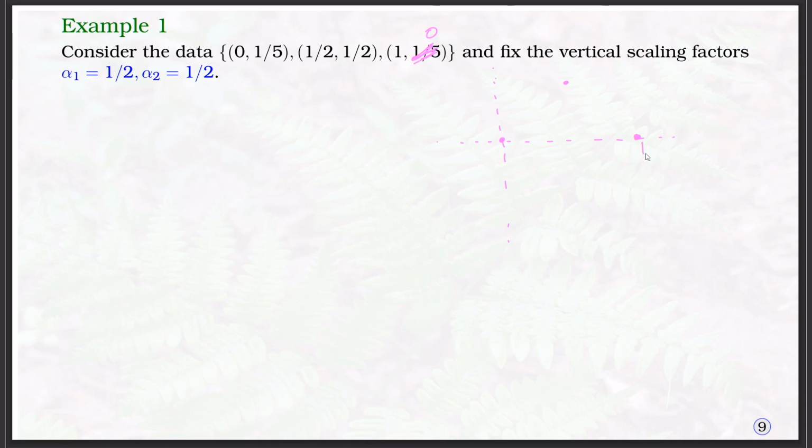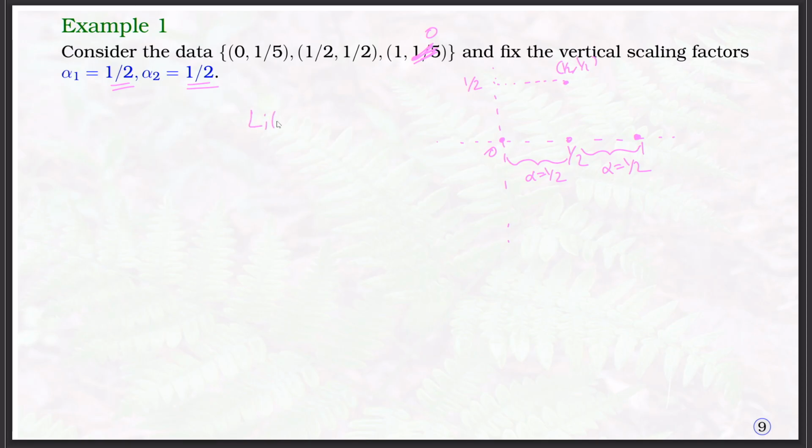So this is 1, this is 0, this is 1 by 2, 1 by 2. And fix the vertical scaling factor alpha 1 as 1 by 2, alpha 2 as 1 by 2. That means we have this point 1 by 2, and there are two intervals, here to here. In this interval we are fixing the alpha value as 1 by 2, and this interval also we are fixing the alpha value as 1 by 2.